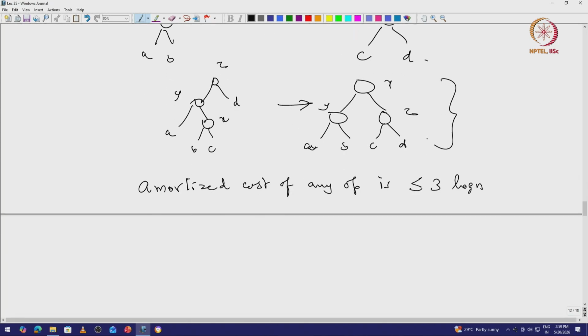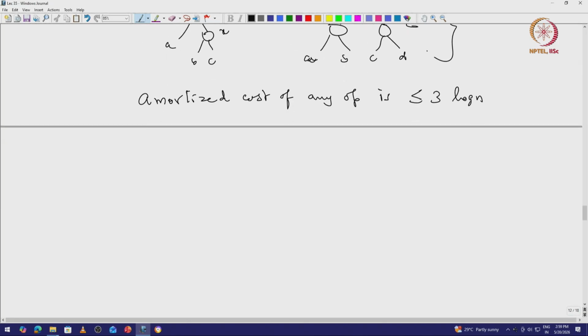So if we have done some sequence of operations O1, O2, On, insert, delete, search, search, insert, arbitrary, then the actual cost will be C1, C2, etc. Cn. For each operation their amortized cost is A1, A2, etc. An.